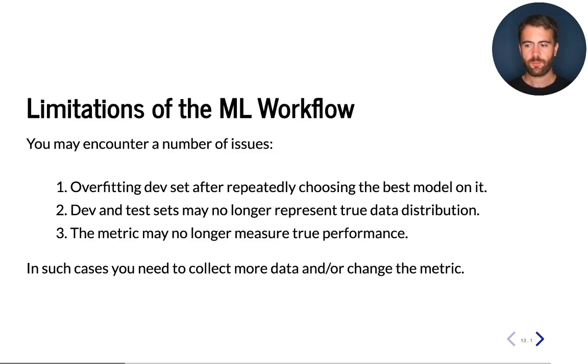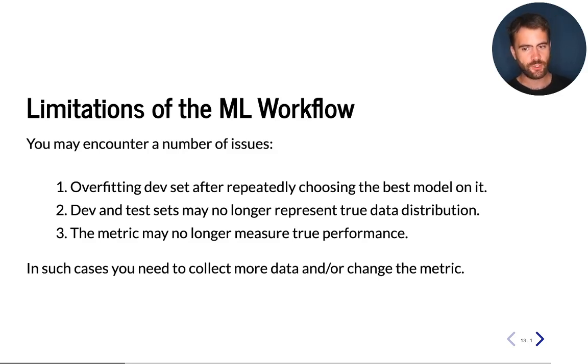For example, if we're deploying this model in Europe and North America, we may have more users from Europe over time, who look different from the North American users. And so the distribution that we see in production may change. We may also realize at some point that the metric we have been optimizing is not really what our users care about, and we need to further change it.